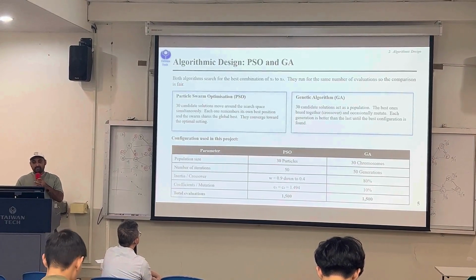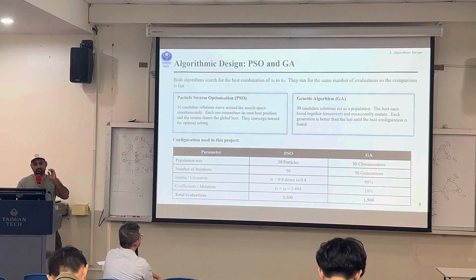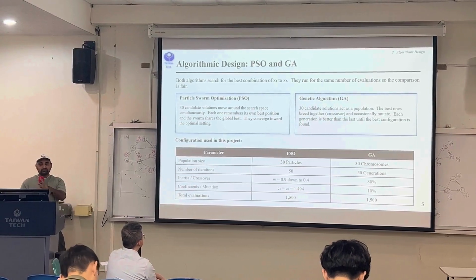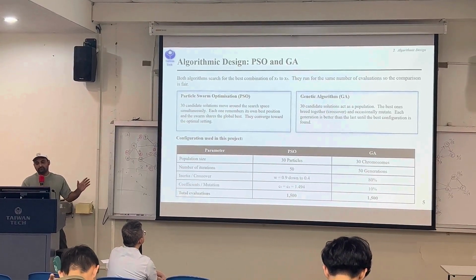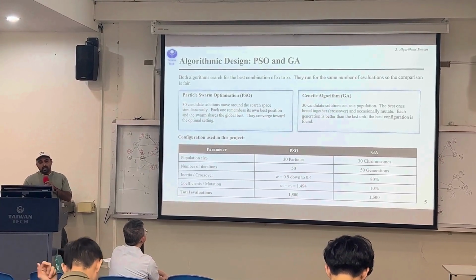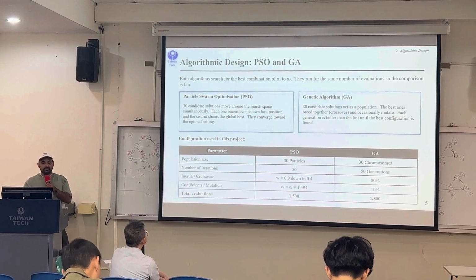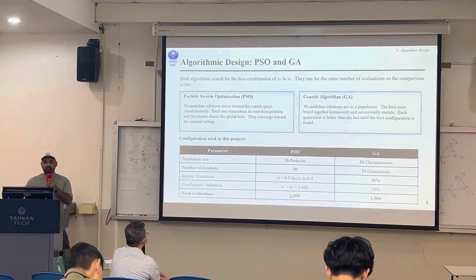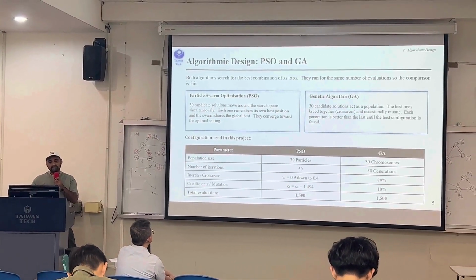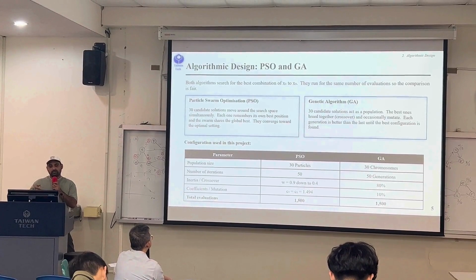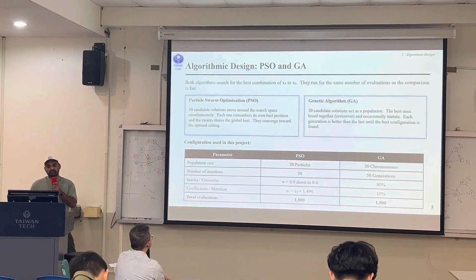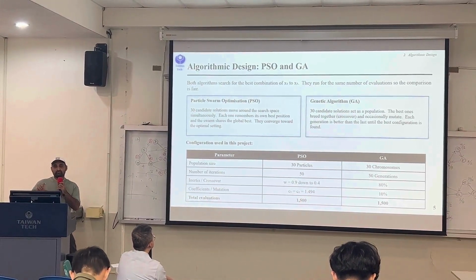So, algorithm design, second part. PSO and GA: both algorithms search for the best combination of X1 to X5, as I already mentioned, and they run for the same number of evaluations so that the comparison is fair. PSO has 30 candidate solutions that move around to search the space, and each one remembers its own best position, and the swarm shares the global best, so G best.